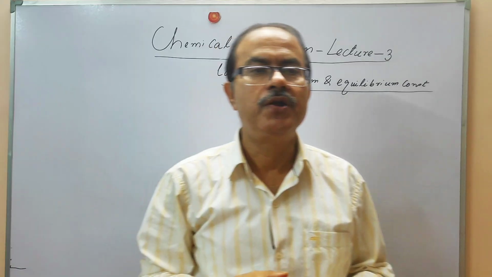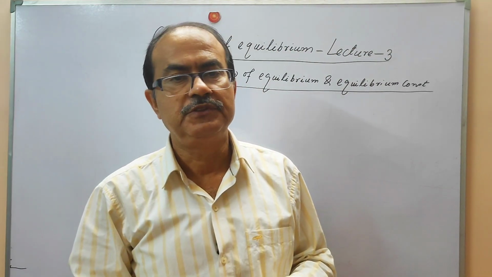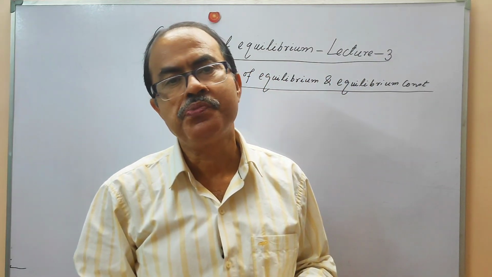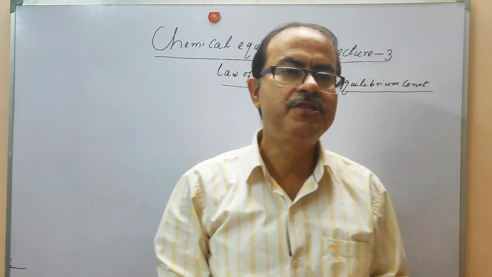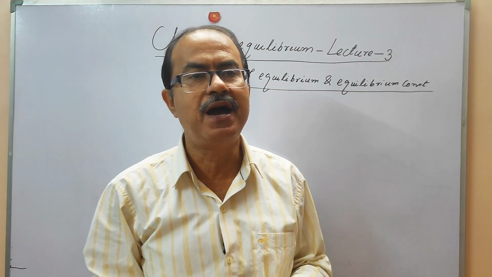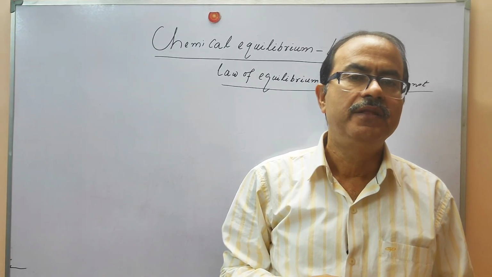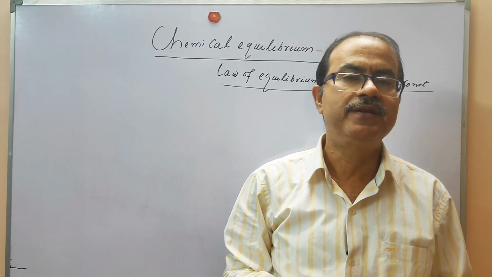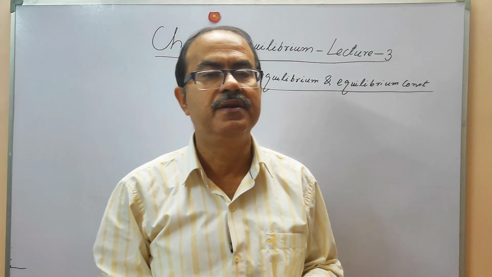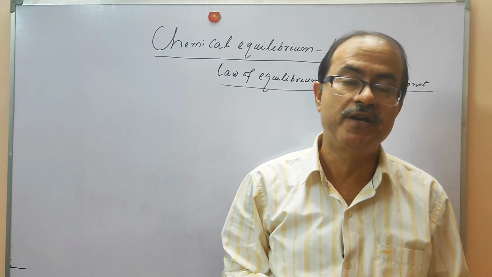First, let us understand what we mean by the equilibrium mixture. Equilibrium mixture is basically the mixture of the reactant and the product at the time of equilibrium. When we reach the equilibrium of the reaction, it is very important to know the concentration of the equilibrium mixture.